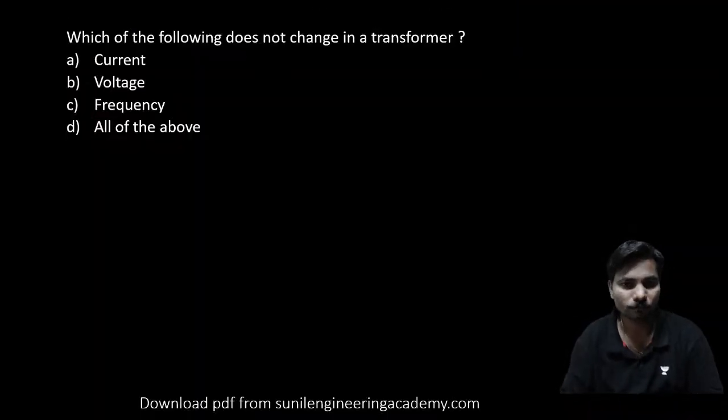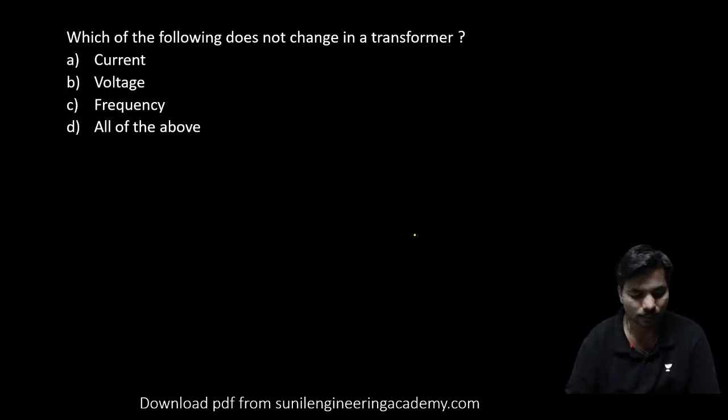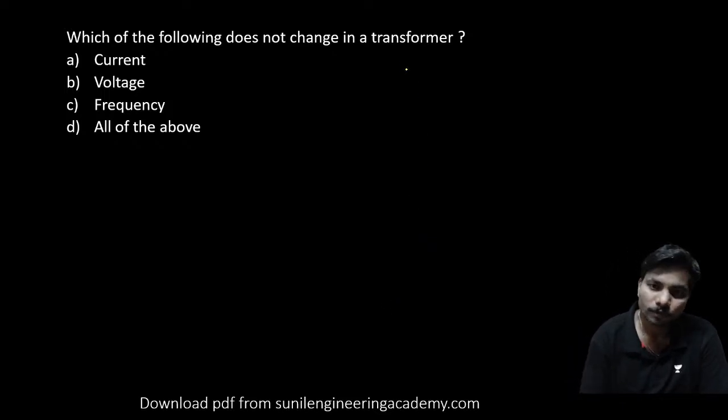Coming to the first question, which of the following does not change in a transformer? Come on, try, all of you. Here we know very well, a transformer is used to step up or step down the voltages.